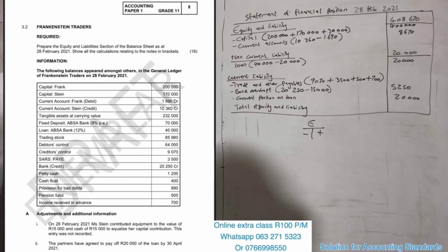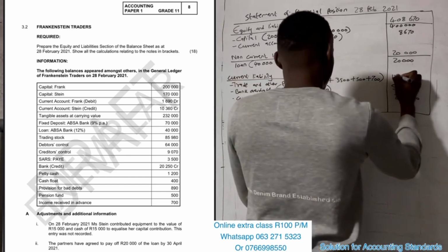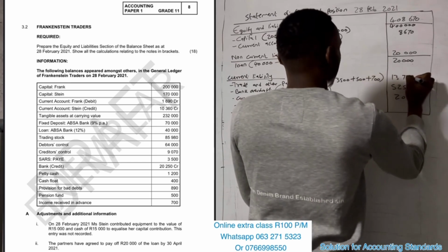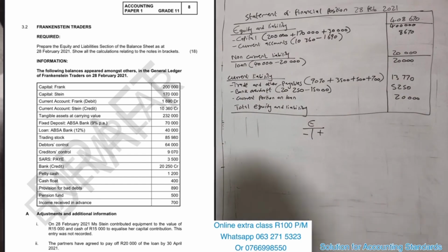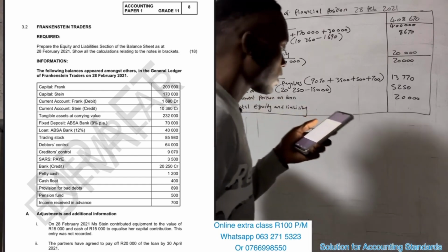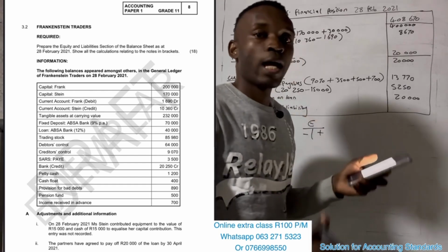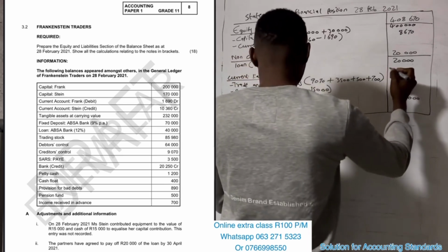If you calculate the total, you are going to get an amount of 13,770. Very simple. Imagine, guys, the balance sheet was simple like this. All those other items like petty cash, cash float, debtors control, trading stock, fixed deposit, tangible assets, they are not part of this balance sheet because they are assets. Okay, so I think here we can get a total.